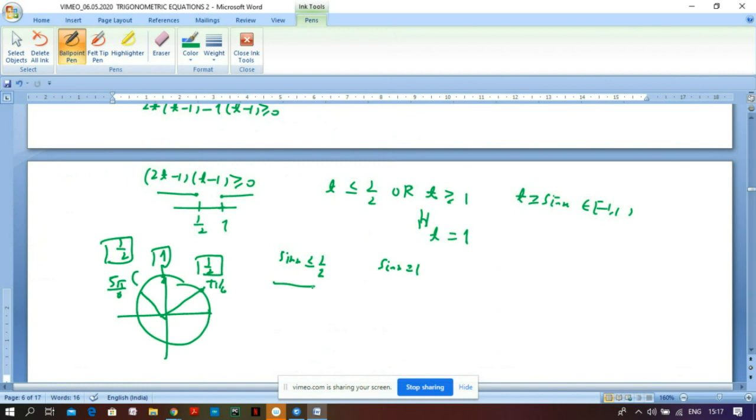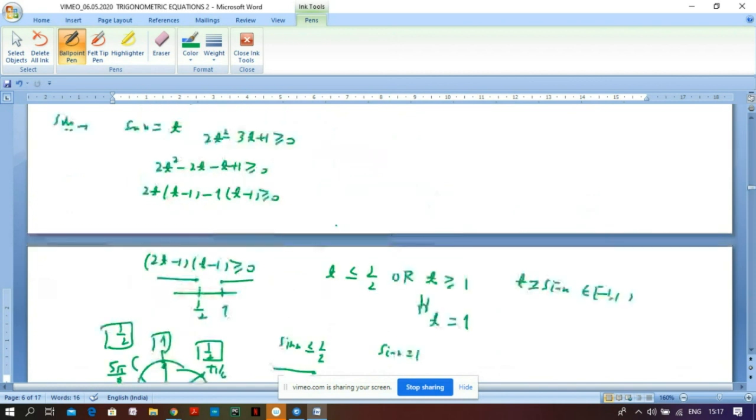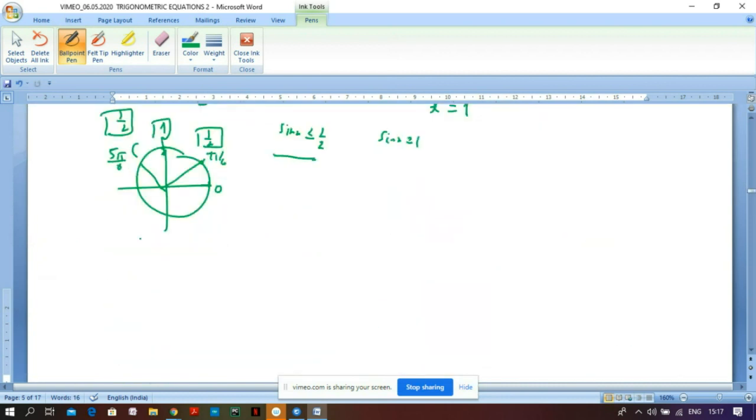So you find that if you want less than or equal to 1 over 2, then you want from 0 to 2 pi, you want from 0 to pi. So this is 0 and pi. So this solution will be, you will come here and you will come here. So it is 0 to pi over 6, that is closed, because you will get this one. And union, you will get 5 pi by 6 to pi.